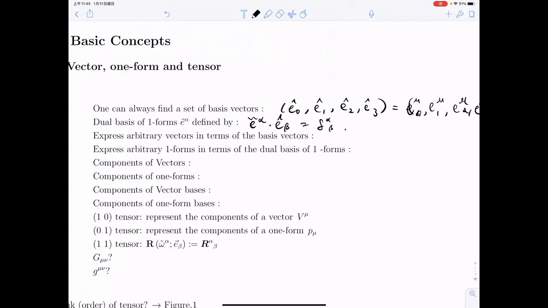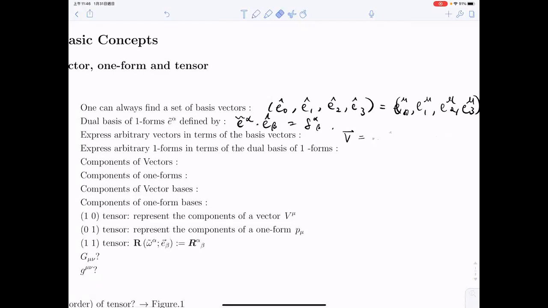We write down a vector just like you saw in high school: the vector V would equal different components, V1 times the basis vector, plus V2 times its basis vector, and so on.